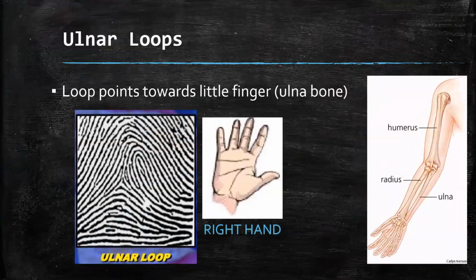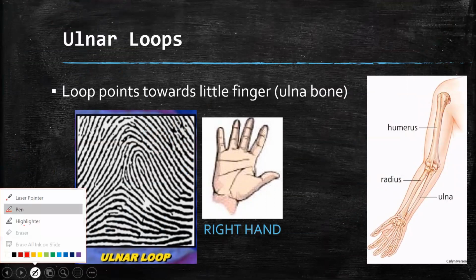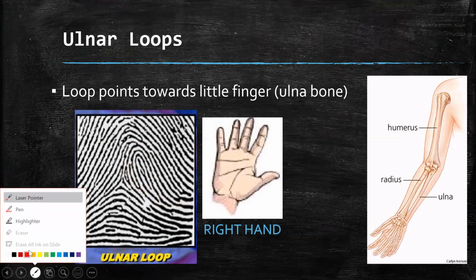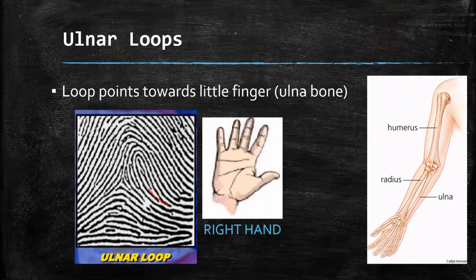On the flip side, if you still look at your right hand face up, now we have one where it is starting on one side, curling up, and exiting the same side. So it's still a loop, except this one is pointing this direction. So you kind of take this fat part of the loop and say, that's the arrow. Okay? So now this one is pointing this way towards the pinky.